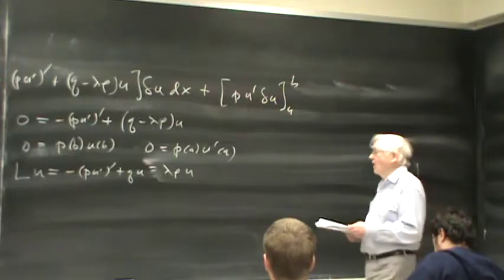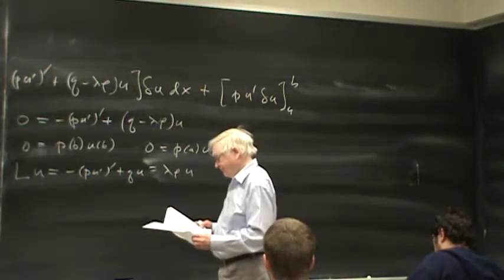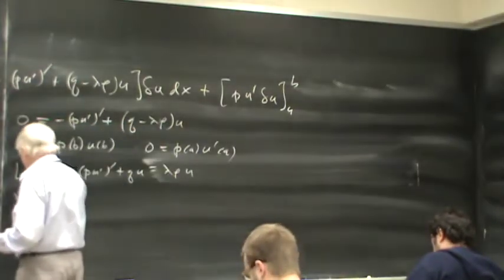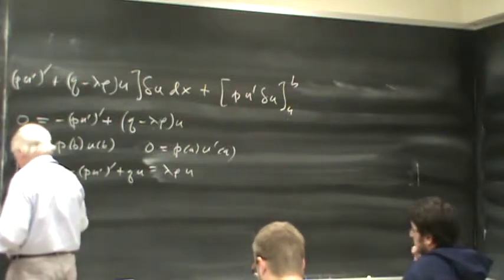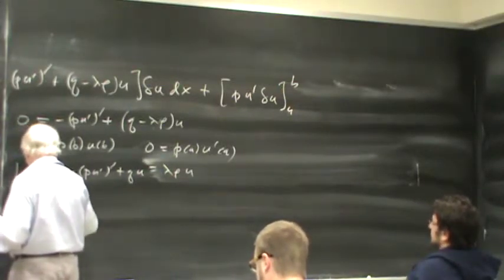So you might ask, well, what is this lambda? We can find out what lambda is by doing this. Lambda is an integral, or lambda times the integral of rho u squared dx.